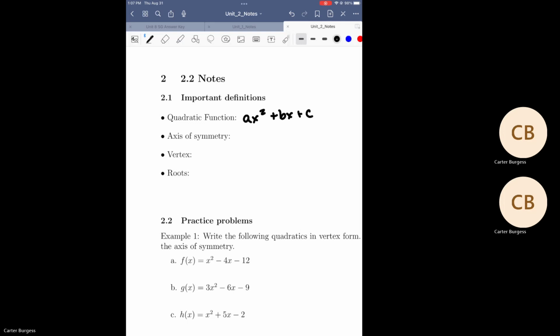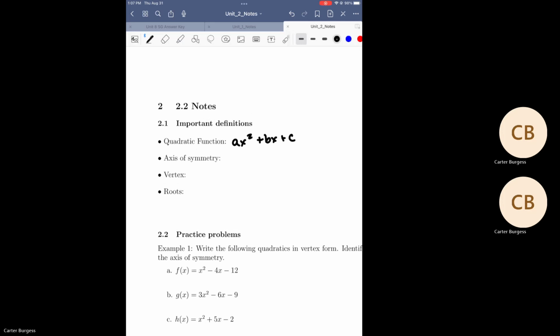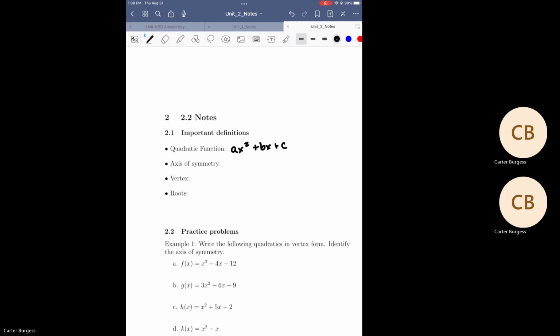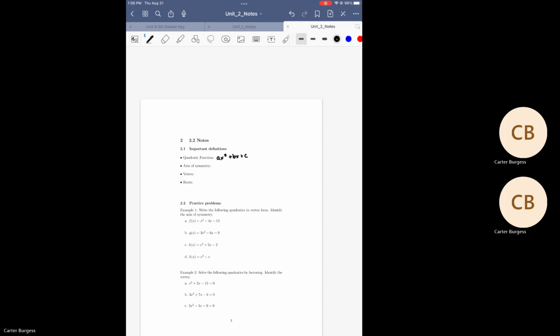A, B, and C. The A tells you a little bit, but the B and C just kind of on their own don't really do very much to instruct us what is actually going on with this function. And so to that end, not really the most beneficial, not really the most relevant way to think about our quadratic. Unfortunately, though, the most common presentation that you are going to get.